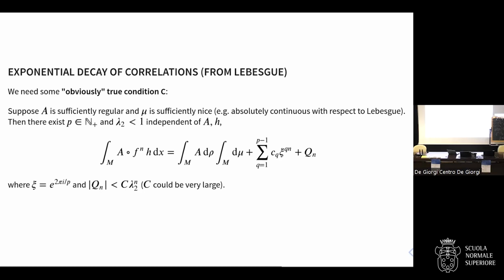And then you just apply this argument here, and to first order, this first part gives you the integral of A times rho times the integral of h. Okay, your measure mu here, which you can think of, somehow in this uniformly expanding case, the set of nice measures are going to be things with densities, but they don't necessarily have to be. Actually, we can write this as so.